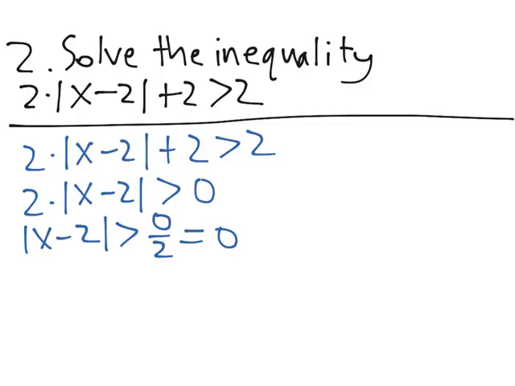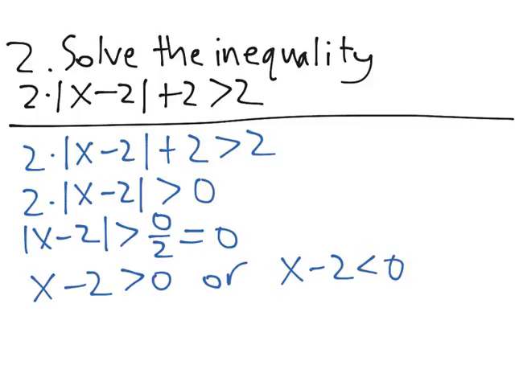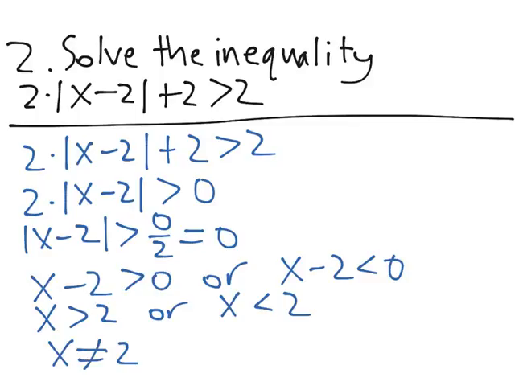This will give us x minus 2 is greater than 0, or x minus 2 is less than 0. If we add 2 to both of these halves, we get x is greater than 2, or x is less than 2. And that's our answer. However, notice we can state this more concisely as just x is not equal to 2.